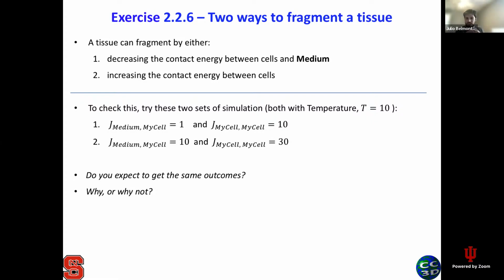Okay, let me write. So it seems like a stronger and faster effect. All right, I already tell you, yes, there will be a difference between those two.